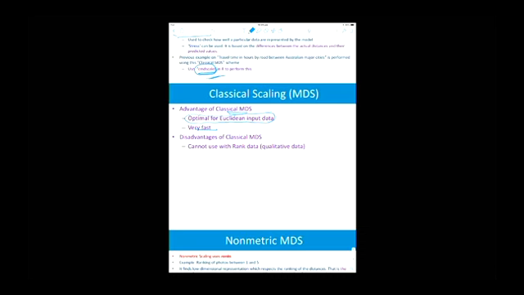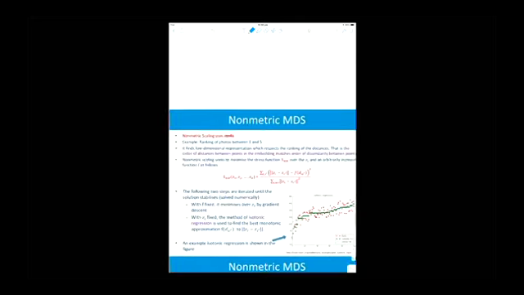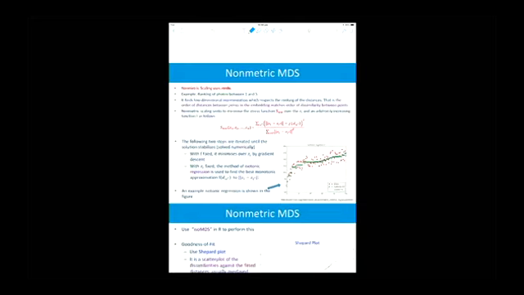One of the disadvantages is that this cannot handle rank data, because it still needs to have the dot product and calculate it. So if you have only the rank information, it cannot handle it. For that, we have a method called non-metric MDS. It works purely on the rank data.